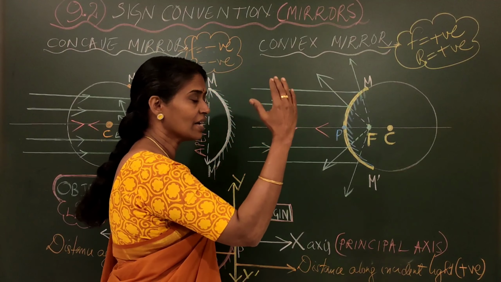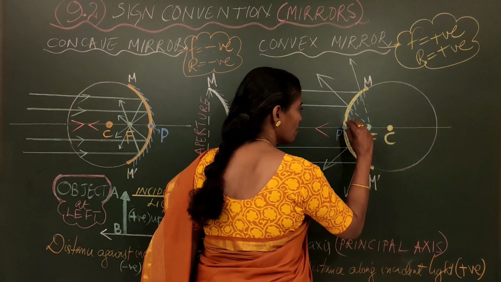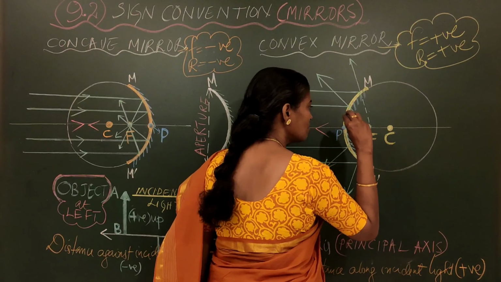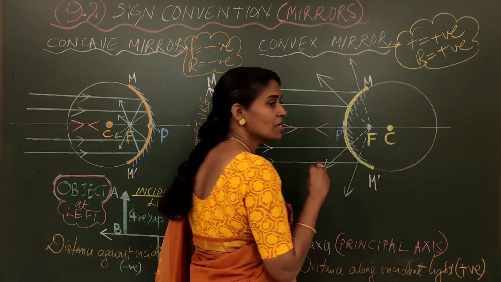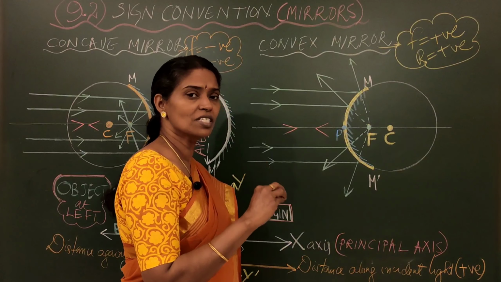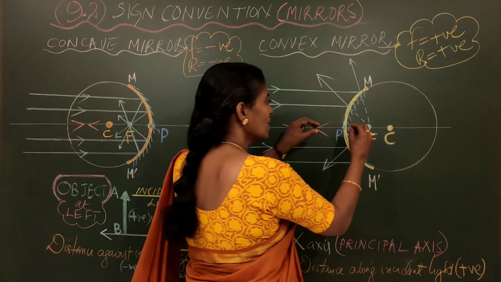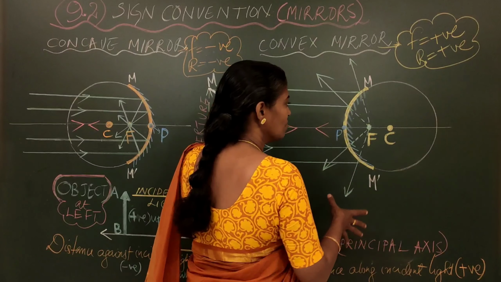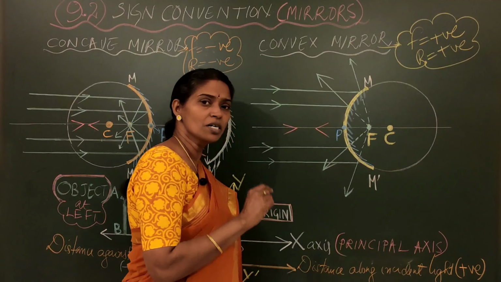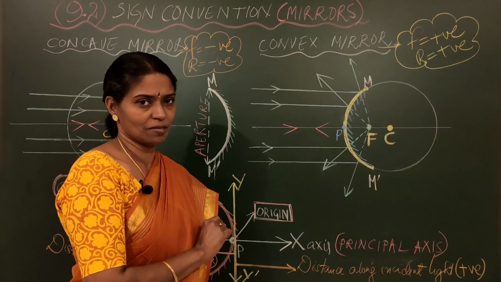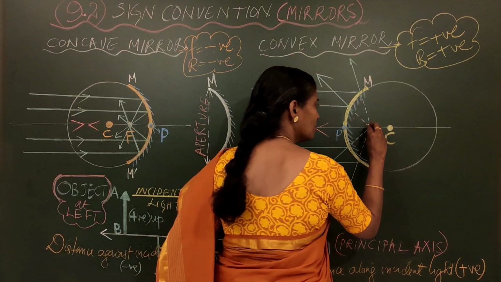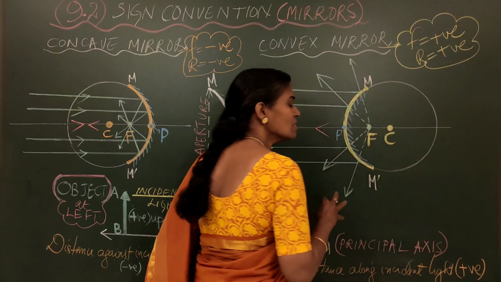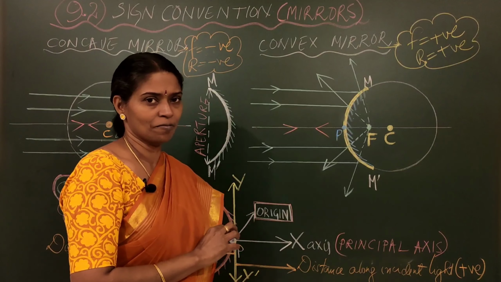But we feel like they are coming from a point, originating from a point on the principal axis known as principal focus. So we say they appear to diverge from a point on the principal focus.